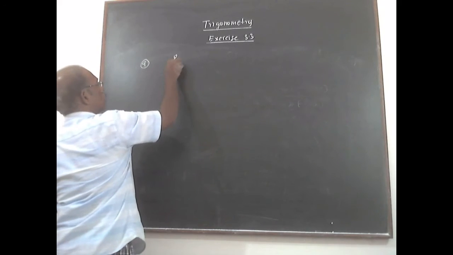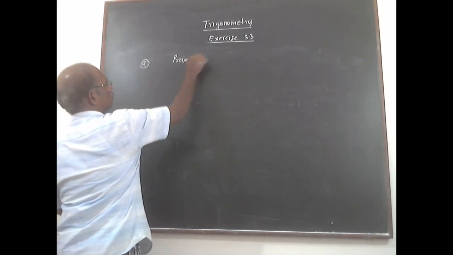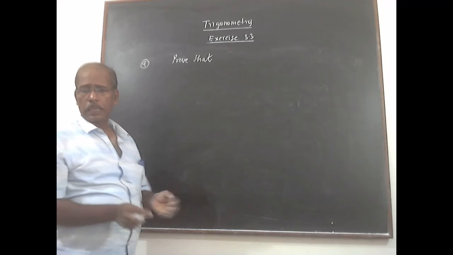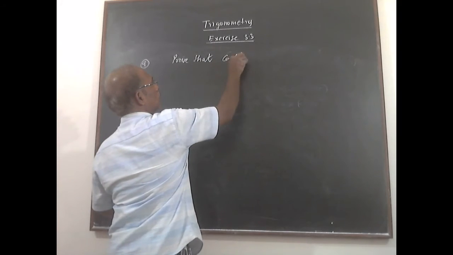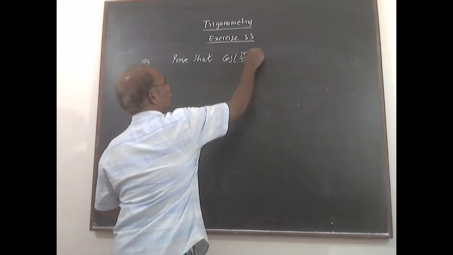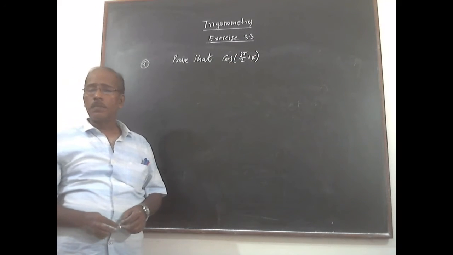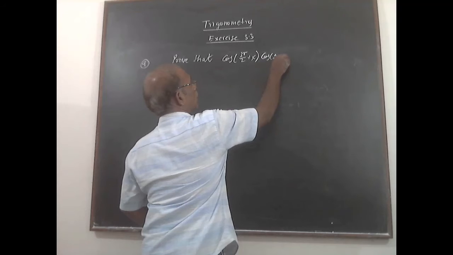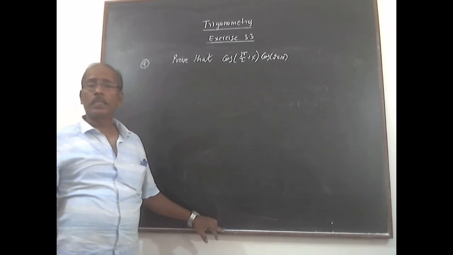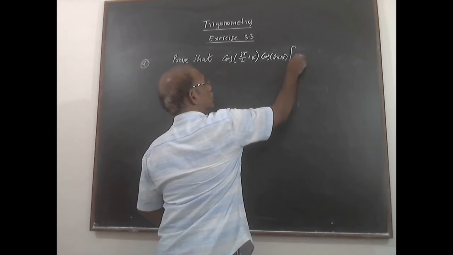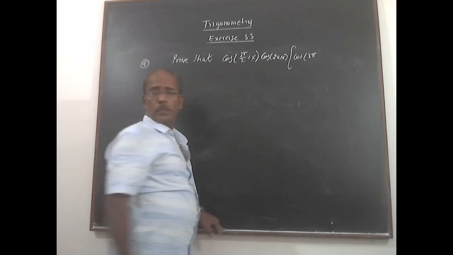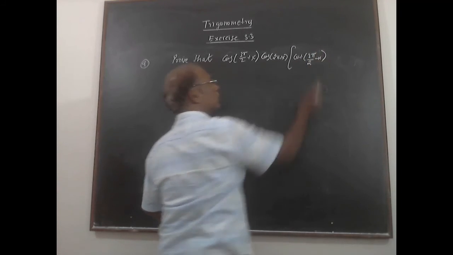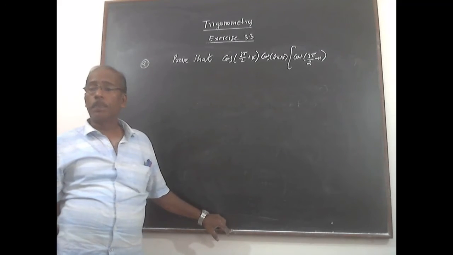Prove that, or show that, cos of (3 pi by 2 plus x) into cos of (2 pi plus x) into cot of (3 pi by 2 minus x) plus cot of (2 pi plus x).